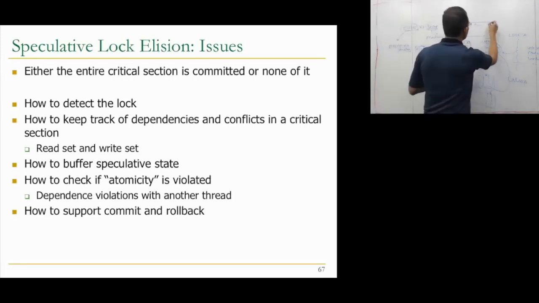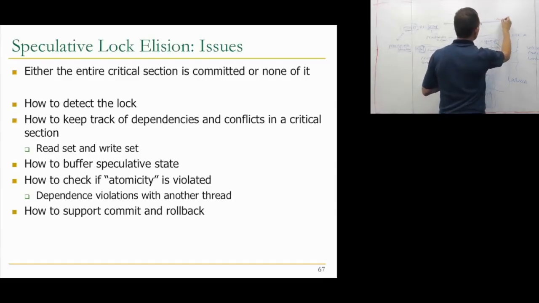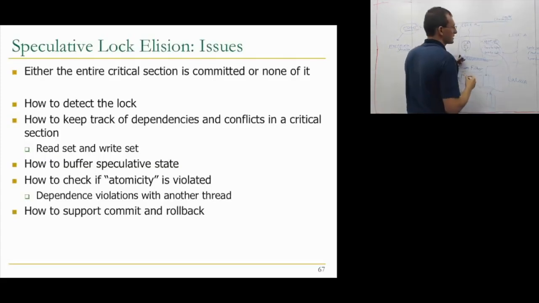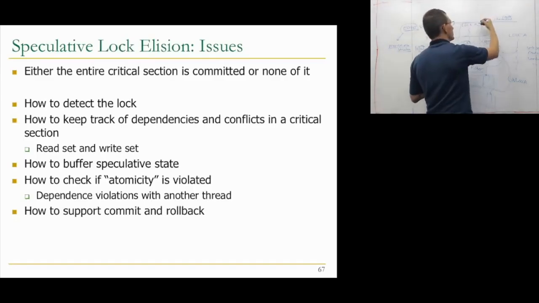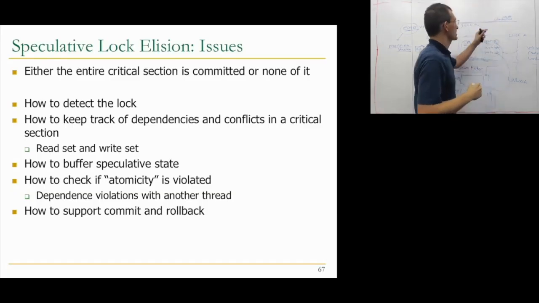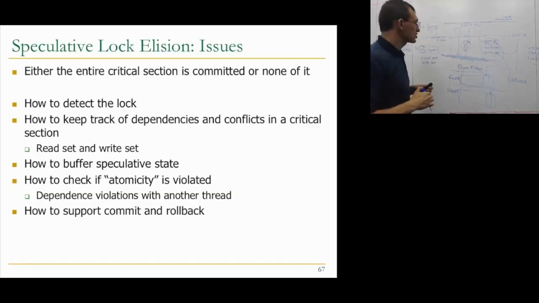But somehow you need to be able to support going back to the beginning. And usually that's supported via a checkpoint, a register checkpoint. Because you don't update memory, you don't need a memory checkpoint. You buffer the speculative updates, right? You usually support that using a register checkpoint. And if there's a conflict, one of the transactions or one of the critical sections goes back to the checkpoint. Right? So this is another important issue.